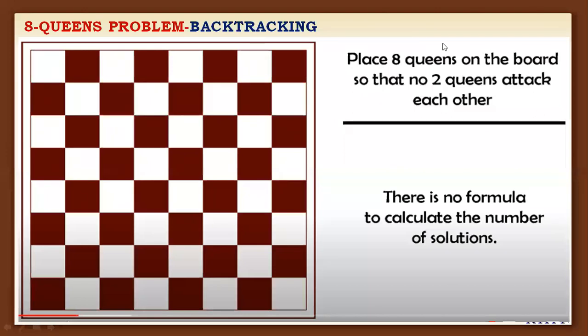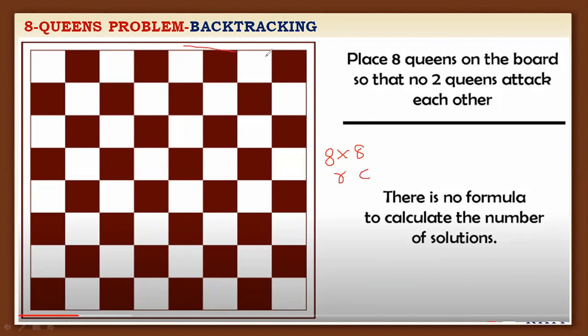Here the problem statement is: consider an 8 by 8 chessboard in which there are 8 rows and 8 columns.